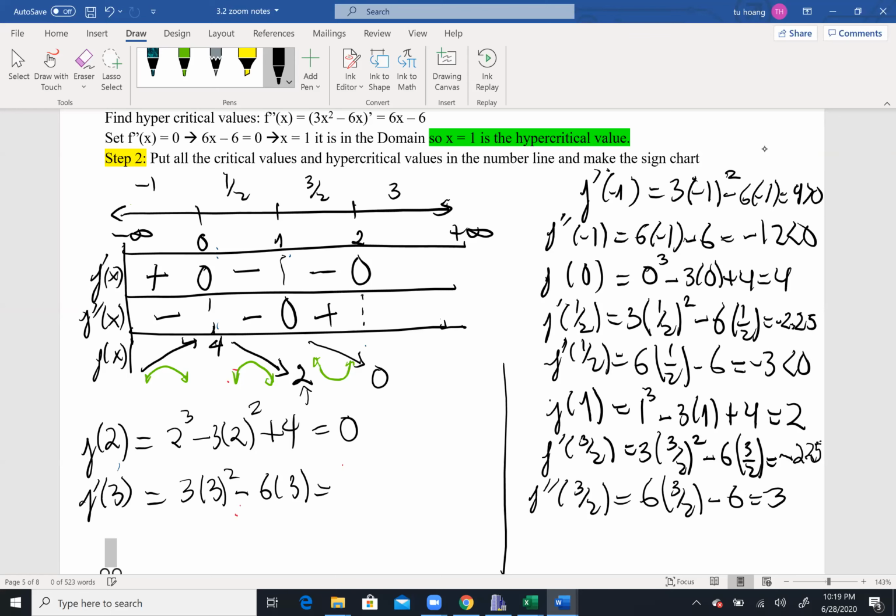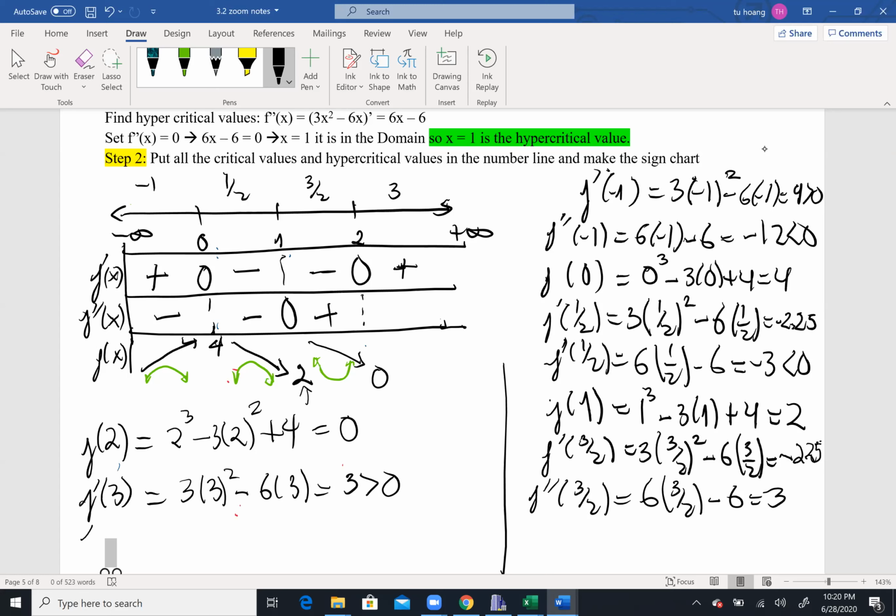And that's going to give me what? 3 times 9 equals 27 minus 24 is going to be 3. Yeah. And that should be positive. So here it's positive.